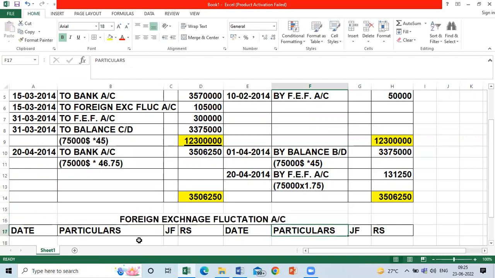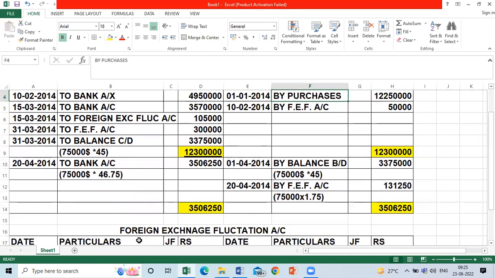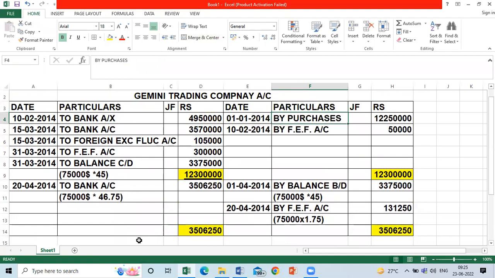In this account, I'll give exactly the effect of foreign exchange fluctuation using the first account. Looking at the first account, we will make the second account.